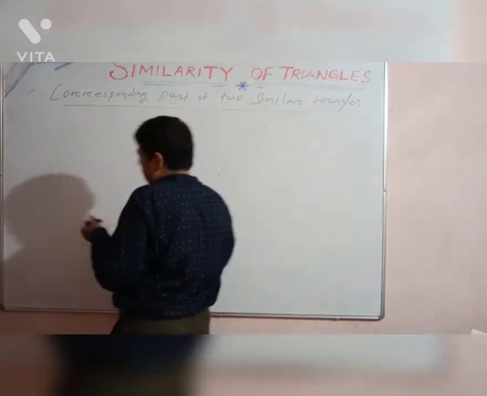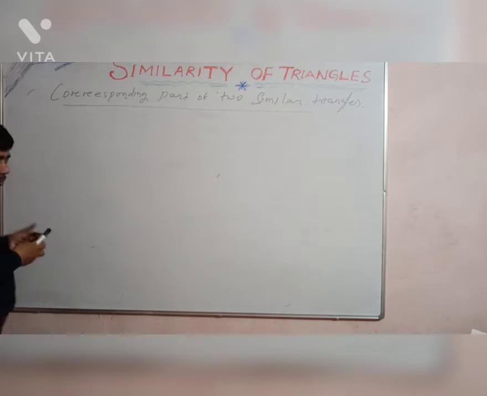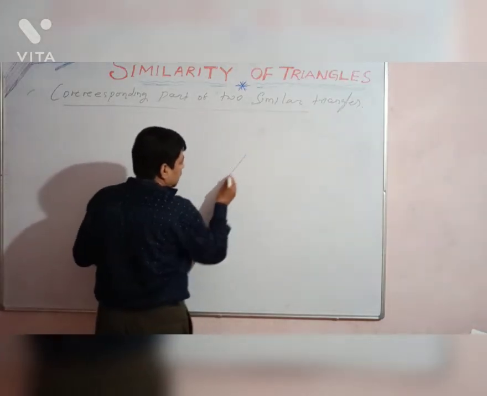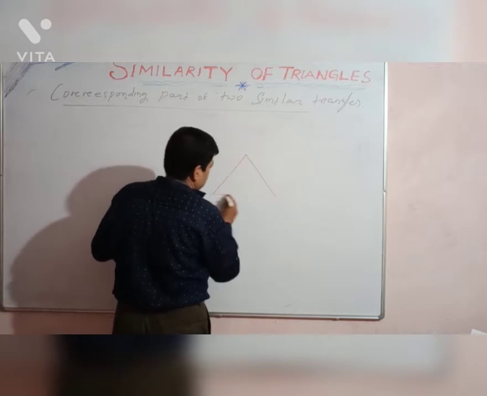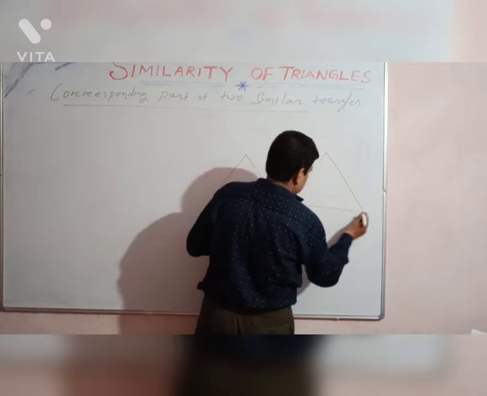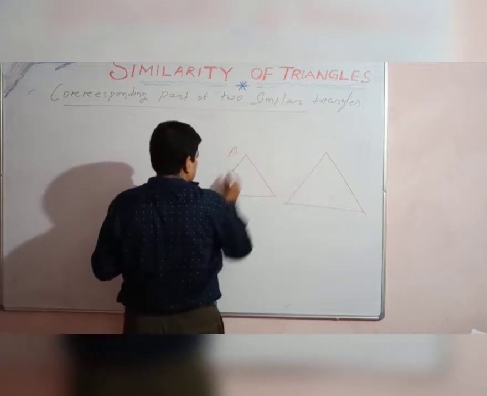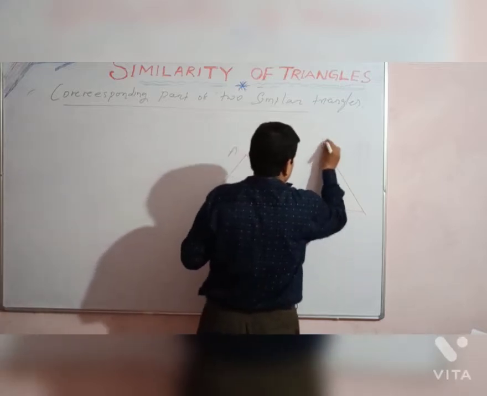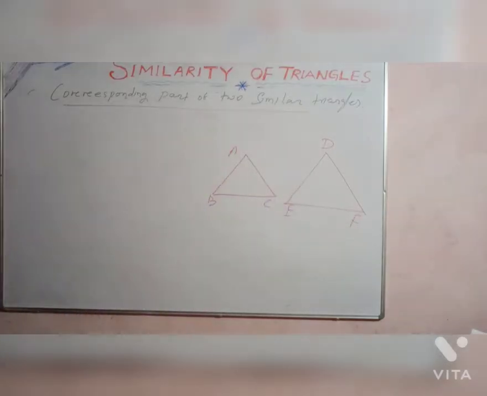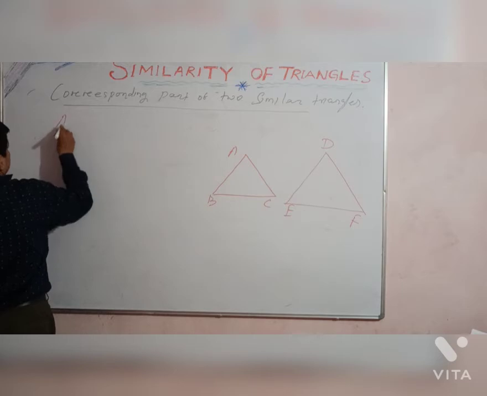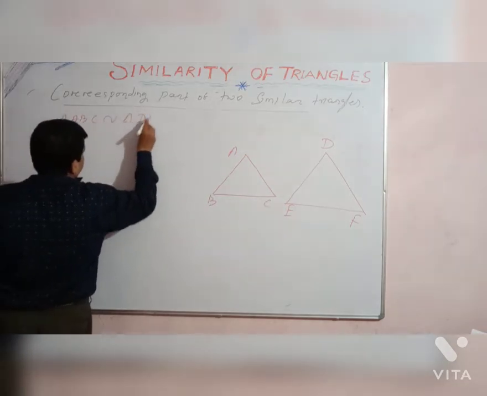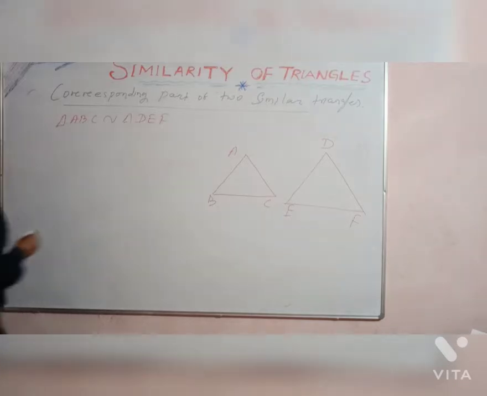Suppose this is one triangle and this is another triangle. Give the names ABC and DEF. Here the two triangles are given as similar: triangle ABC is similar to triangle DEF. The symbol stands for similarity.